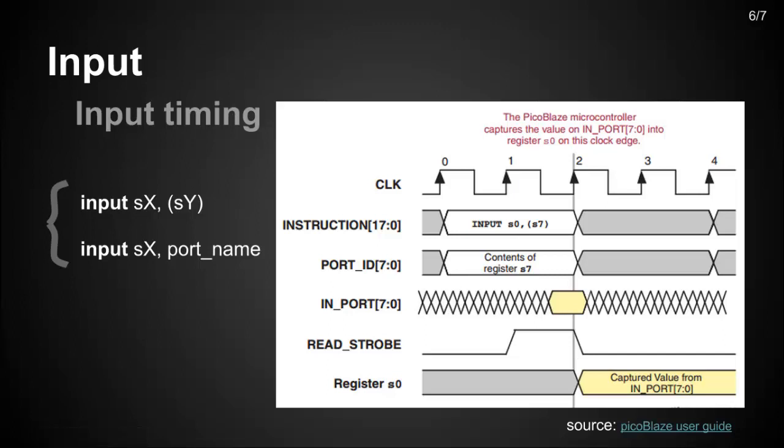After that, on the third rising edge, which is number 2 on the figure, the data is captured from the in port, which means the end of the input instruction, and is now presented on the register S0 inside the PicoBlaze, which was our goal from the beginning set here on the instruction.